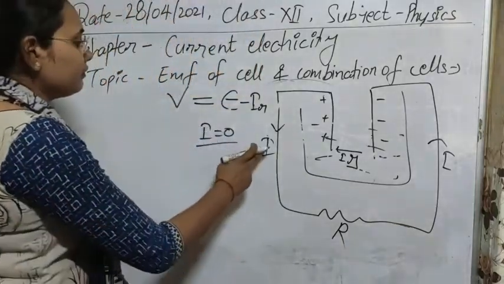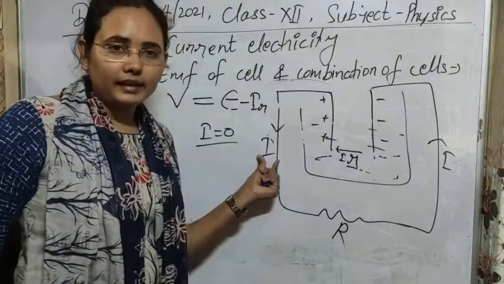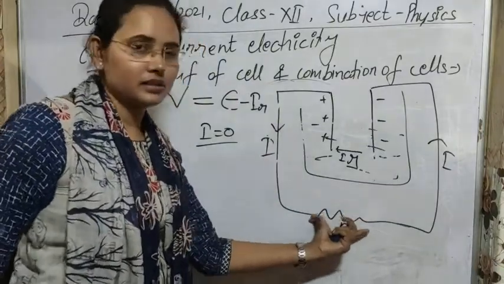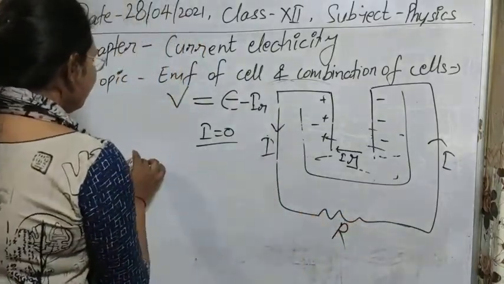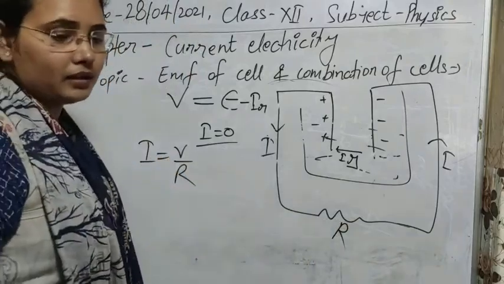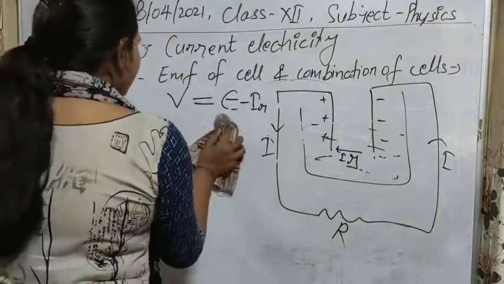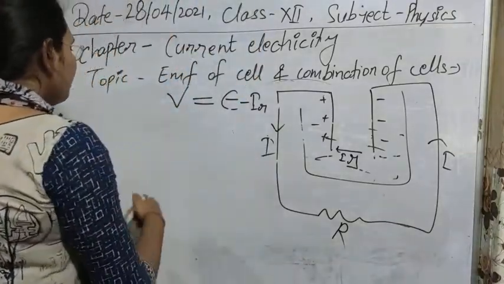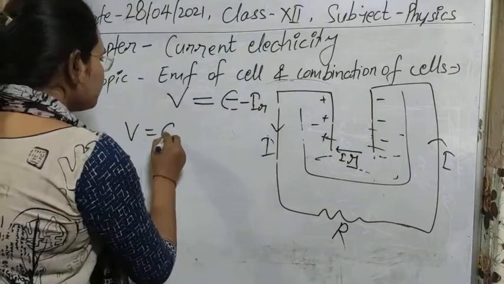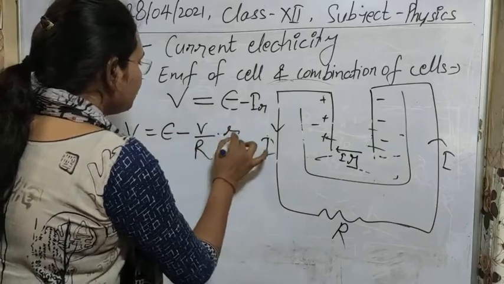Next, if V potential is applicable for the flow of current I, and R is the resistor we have used externally, then what will be the value of current? So I can be written as V by R. We can change this equation in terms of external resistance also. So V will be equal to epsilon minus (V by R) into small r.